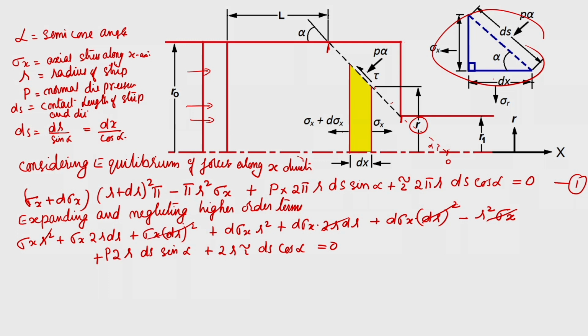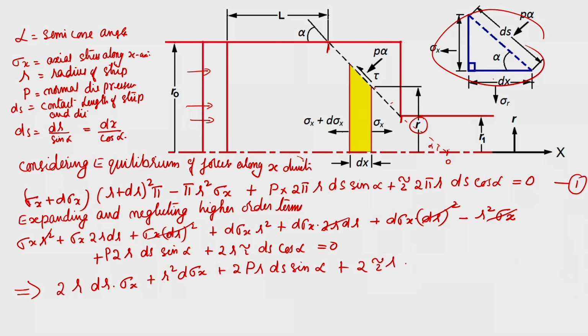So, many terms will get removed. We can finally write it as 2 r dr into sigma x plus r square d sigma x, plus the last two terms, that is 2 p r ds sin alpha plus 2 tau r ds cos alpha, is equal to 0.